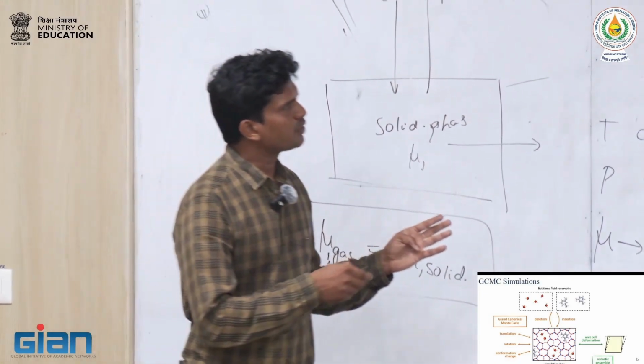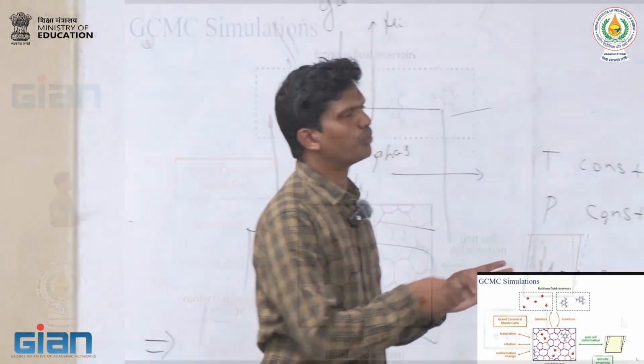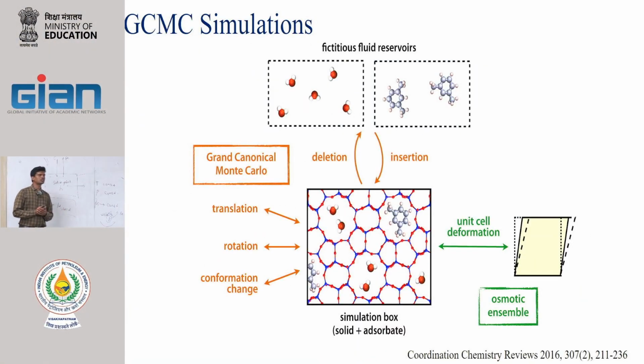So we do all these 4 mostly in grand canonical Monte Carlo simulations and get the adsorption isotherms. There is one more. This is especially done for MOFs or materials which are flexible. That means that when the gas molecules enter into the system, not only the size, the shape can also change, right?